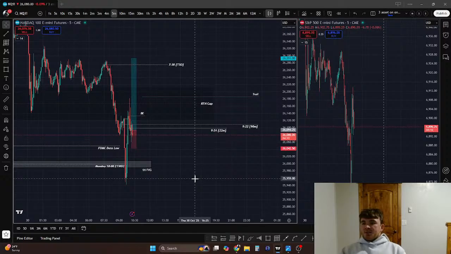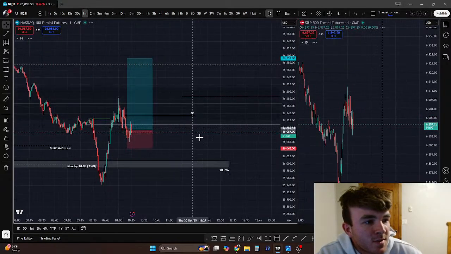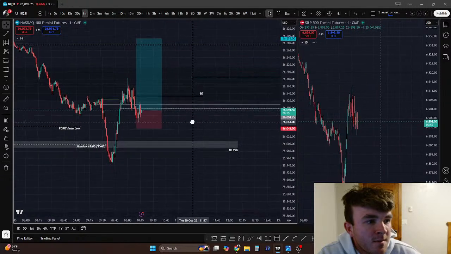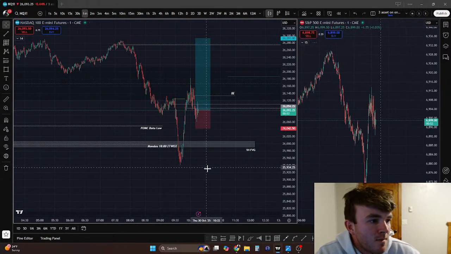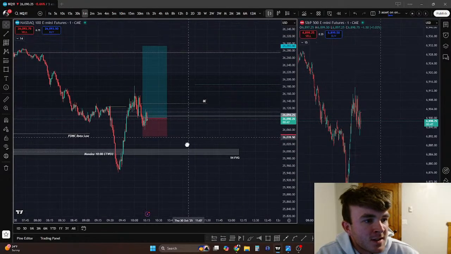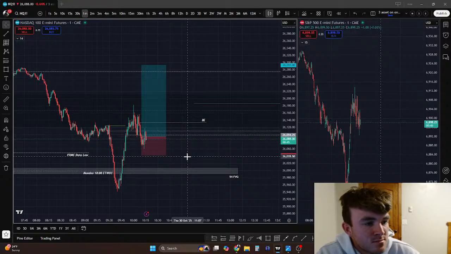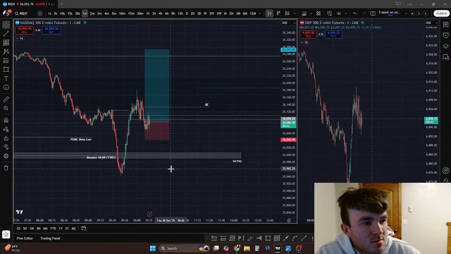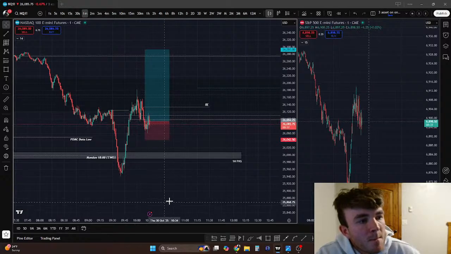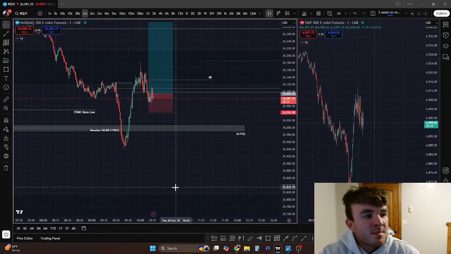That looks like a bearish 2022 model. I'm not gonna lie, it looks like a bearish 2022 model to the downside. Like sweep, break of structure, value gap. So might just be offside here, I guess. Yeah, it's a bearish 2022 model.